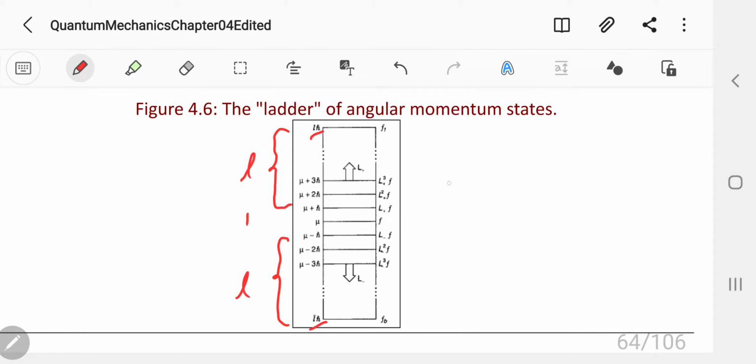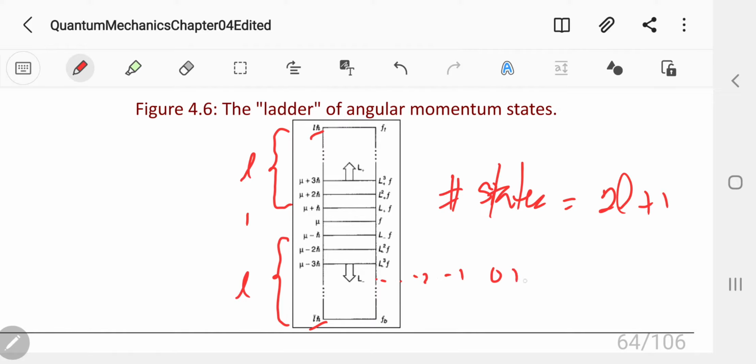The total number of states that you will have is 2L plus 1. So you stretch out from 0 to 1, negative 1, negative 2, and so on, and 1, 2, and so on. So you have 2L plus 1.